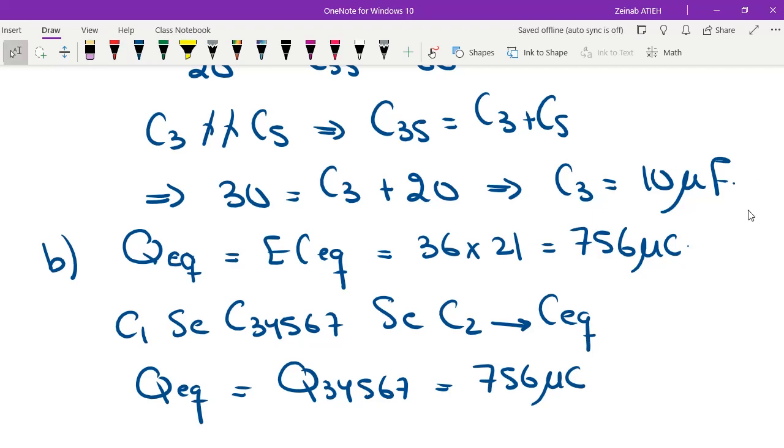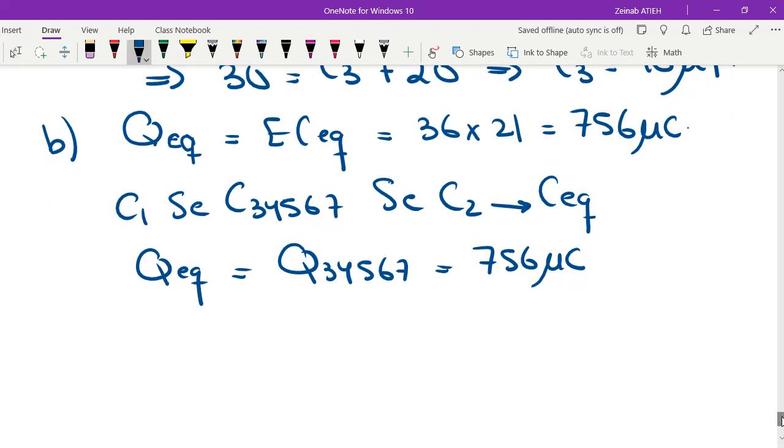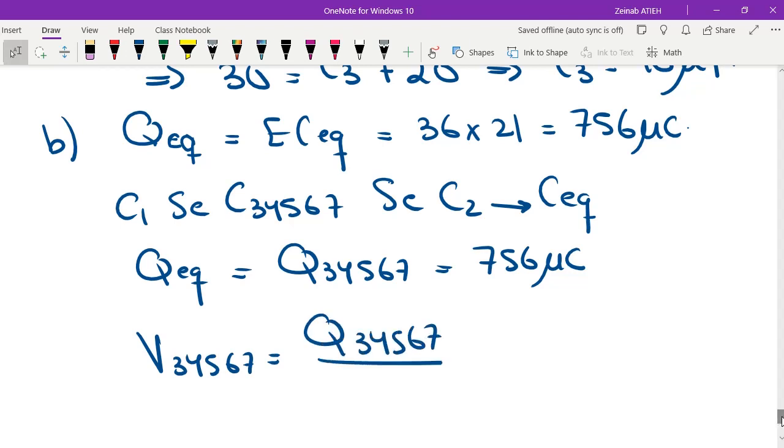Having found Q 3 4 5 6 7, I get V 3 4 5 6 7. So V 3 4 5 6 7 equals Q 3 4 5 6 7 over C 3 4 5 6 7. I know the naming is a little bit long, but it helps me know which capacitor I am working with and where it is.